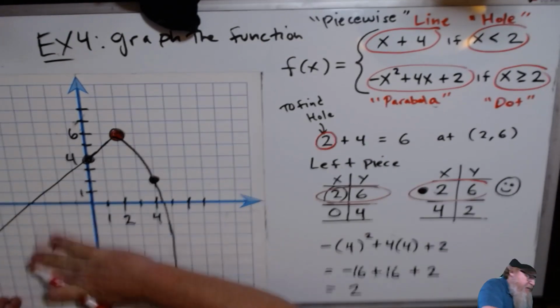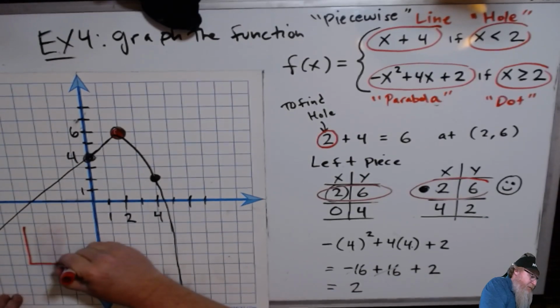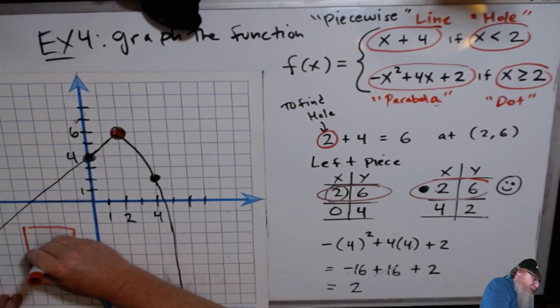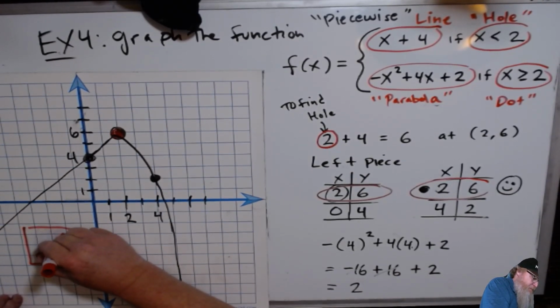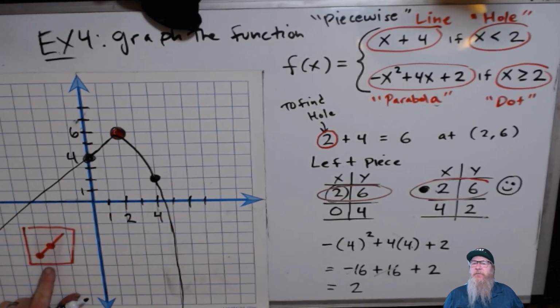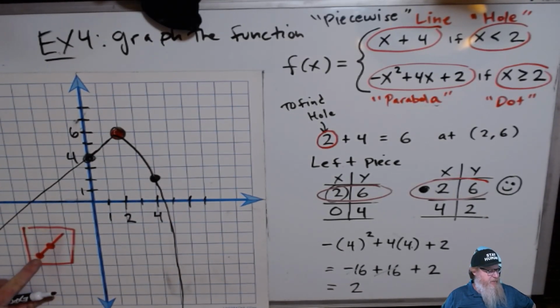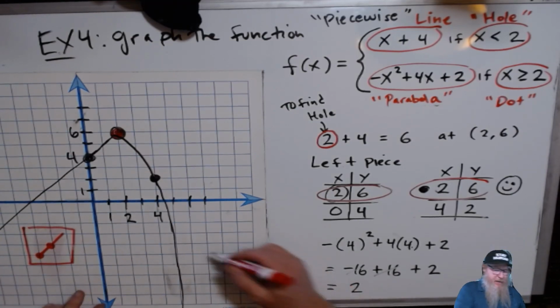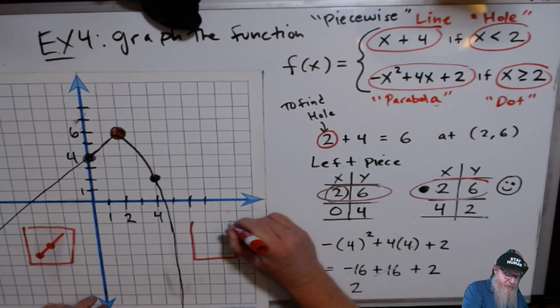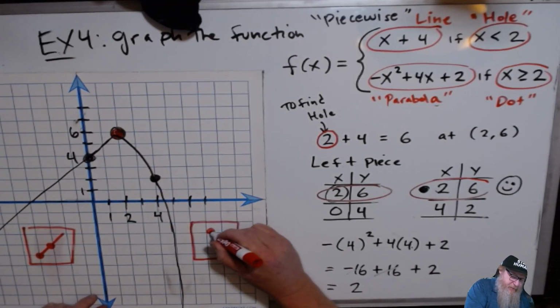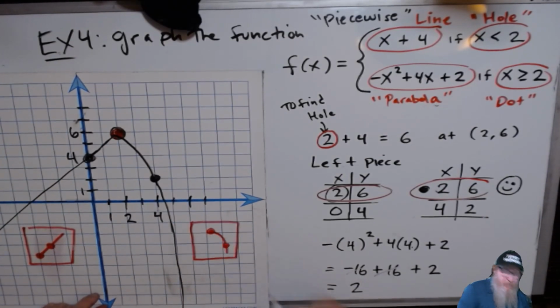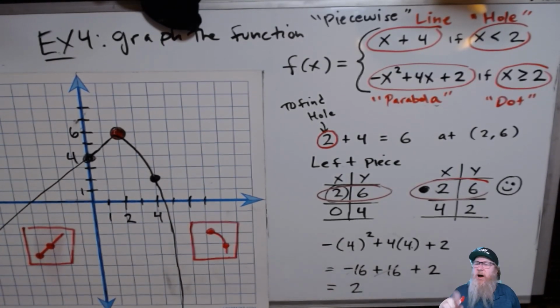I don't know if you can see that very well. So that's what the tool for the line looks like. It's cut off. And then for the parabola, you're going to use the tool that kind of looks like this. All right, and you just draw it with your mouse.